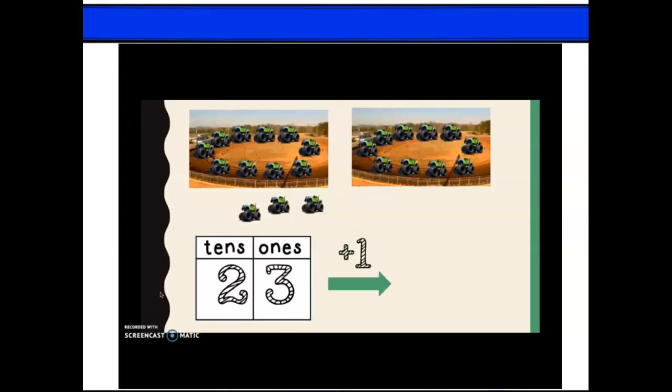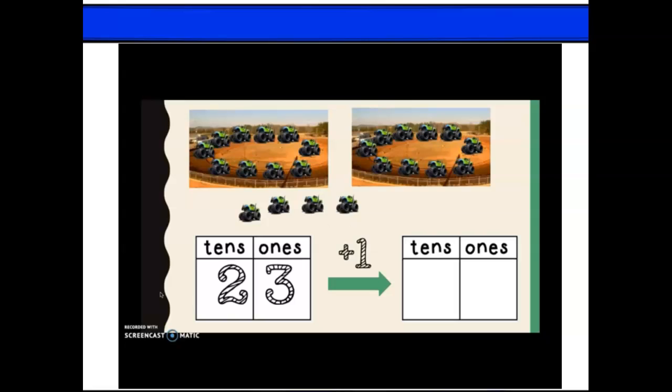Now, if I have my place value mat and it's empty, and I had 2 10s and 3 1s, but then I added 1 more, what would I put into my place value mat? Oh yeah, 2 10s and 4 1s.